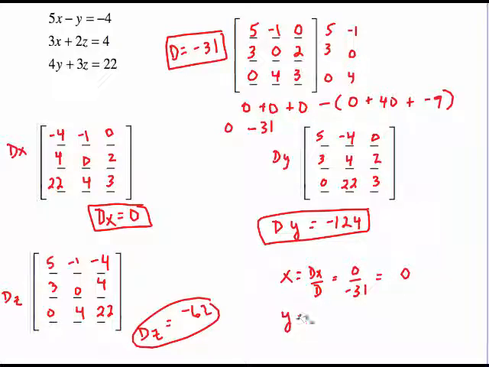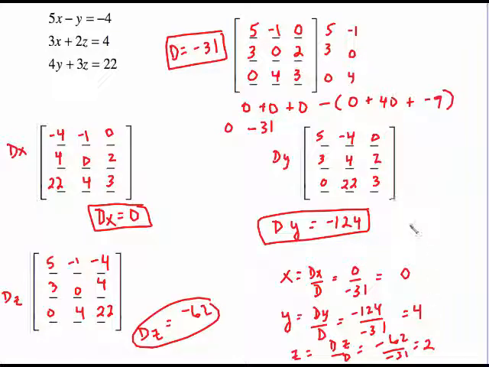To find y, I put dy over d, which will give me negative 124 over negative 31, which is 4. And to find z will be dz over d, which is negative 62 over negative 31, which is 2. So my ordered triple is 0, 4, 2. And you can check those by plugging them back into the original equations.